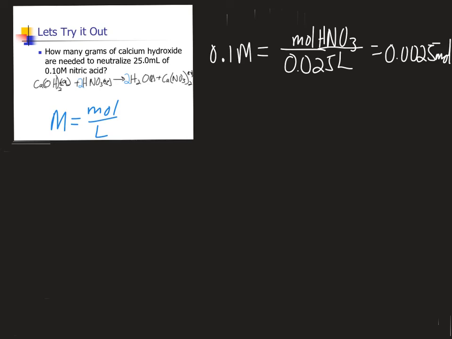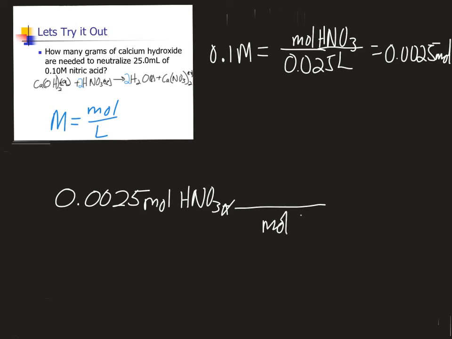I'm going to then utilize my 0.0025 moles of nitric acid, converting that to the calcium hydroxide I'll eventually want, and that will be a 2 that came from the balanced chemical reaction, and 1 mole of the calcium hydroxide, that came from the balanced chemical reaction.